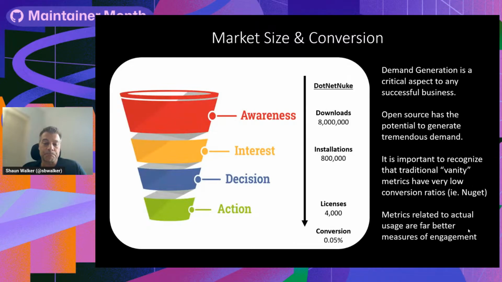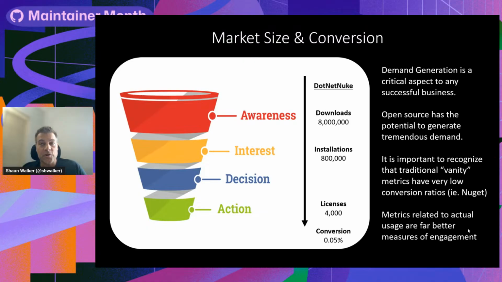Another thing to be aware of is the market size and conversion. I think it's important for open source maintainers to not fool themselves into thinking that you can do a quick math formula based on the number of downloads of your open source project on one of the popular repositories and back into some kind of number for commercial licenses that might be sold.